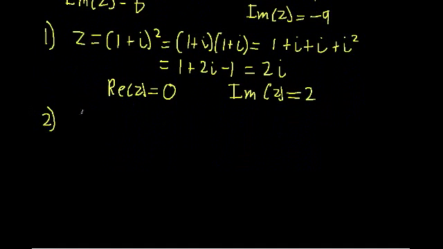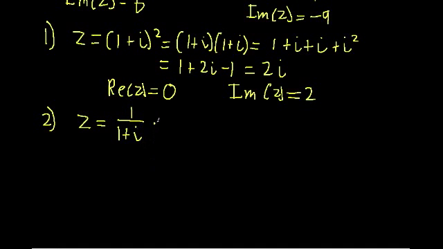Let's say that we have z is equal to 1 over 1 plus i. Here the complex term is in the denominator. Once in the denominator, it isn't really intuitive what the real and the imaginary parts might be. So we're going to try and rearrange this into a more helpful form.